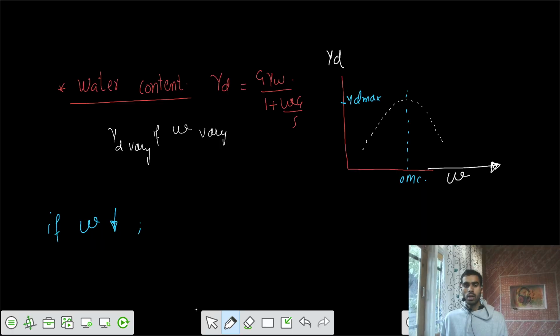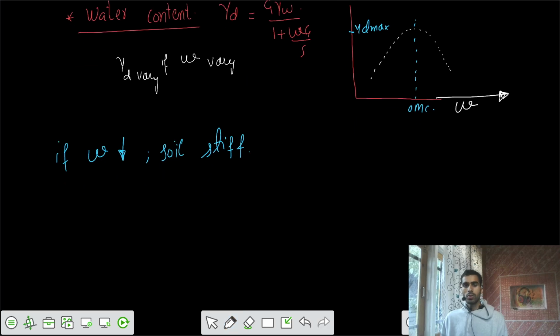The soil is in a stiff condition, and if the soil is stiff, compaction of the soil is not easy.